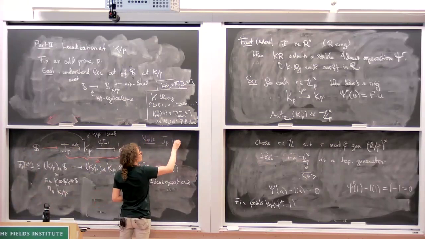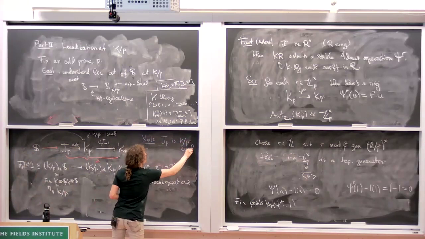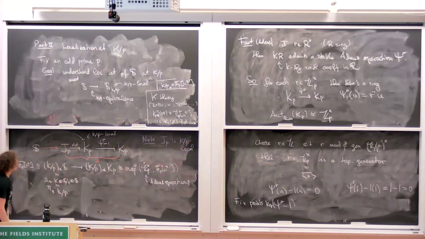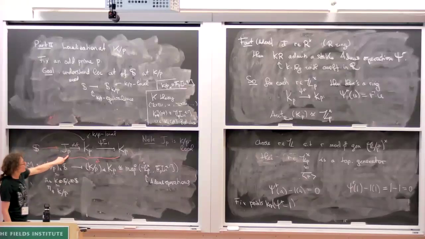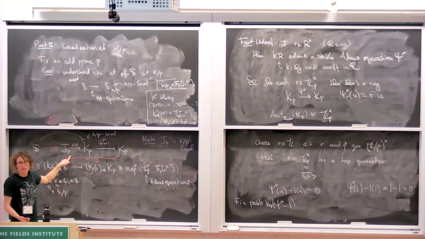JP is K mod P local, okay? And so I have a map now from the sphere to a local spectrum, okay? So I'm part of the way. It's better than the one I started with, just because of the fact that it factored, right?